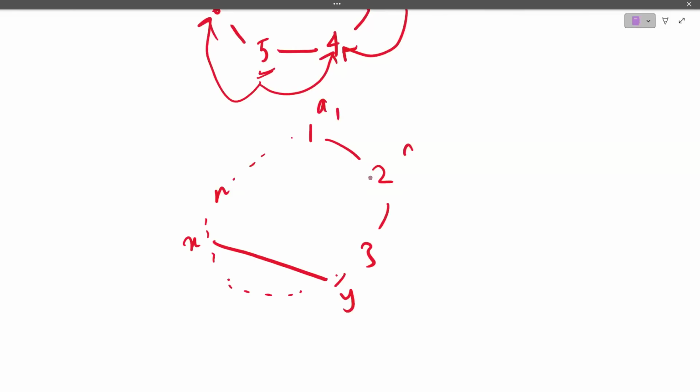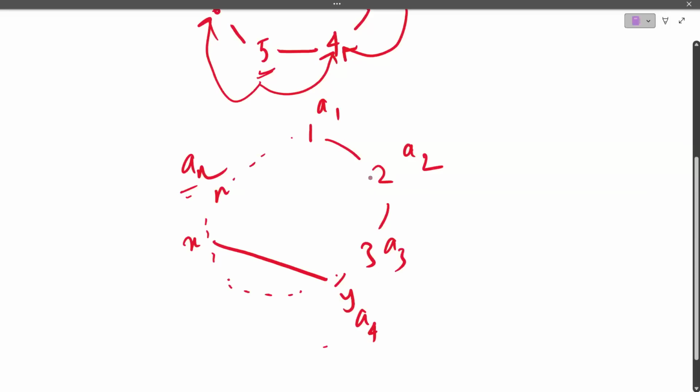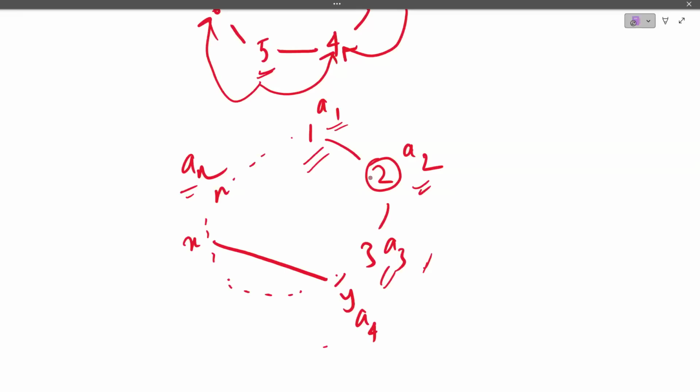So basically, for every index, we need to assign an element: a1, a2, a3, a4, up to an, such that for every node, if you look at his friends, then the mex of the values of his friends is simply his own value.